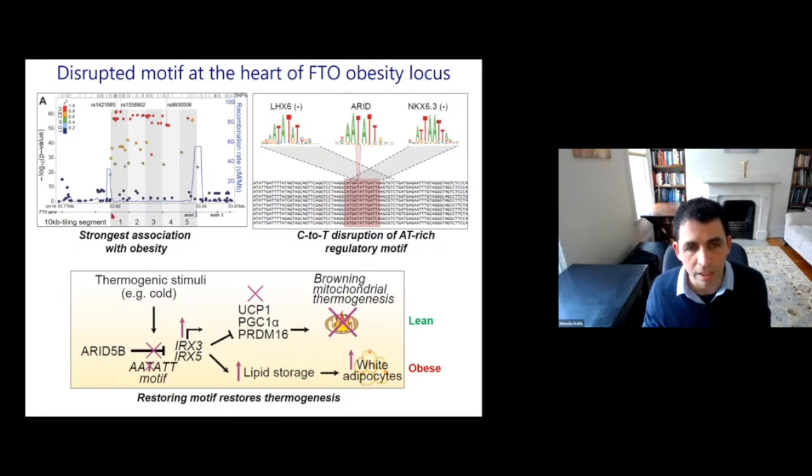So that basically means that we have no idea how these regulatory variants, and which of these regulatory variants, are actually important for gene regulation. That's where regulatory genomics comes in.